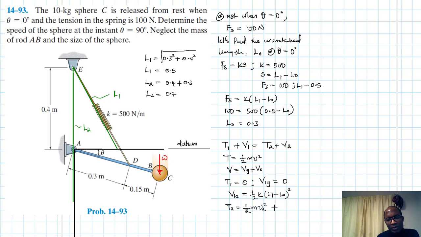And then V2G is minus W times h2. And V2E, the elastic potential energy, is half k times L2 minus L0 squared. So let's now plug all these in our equation.